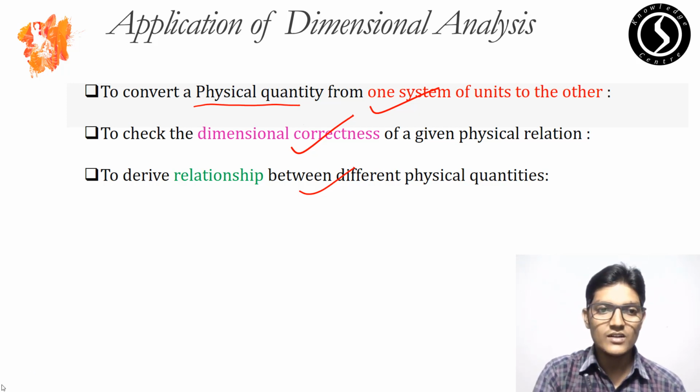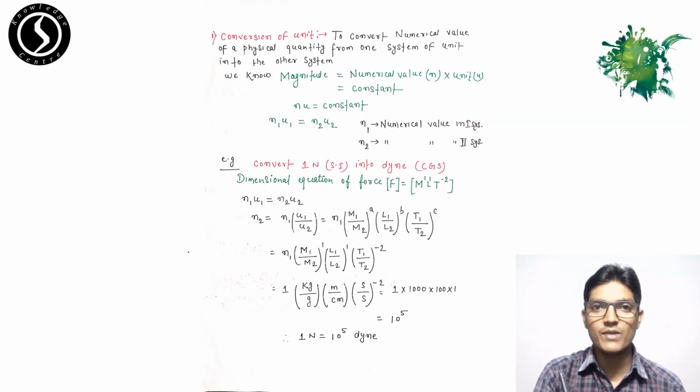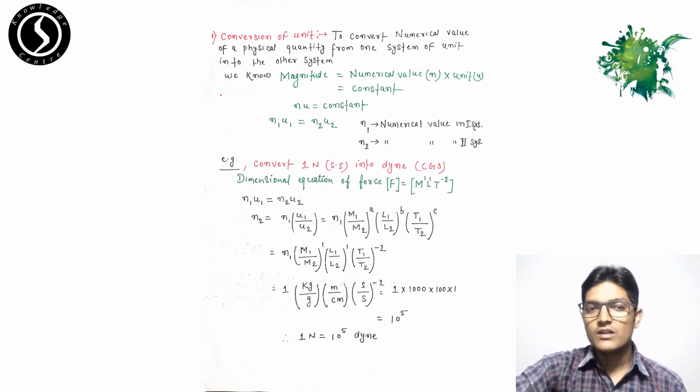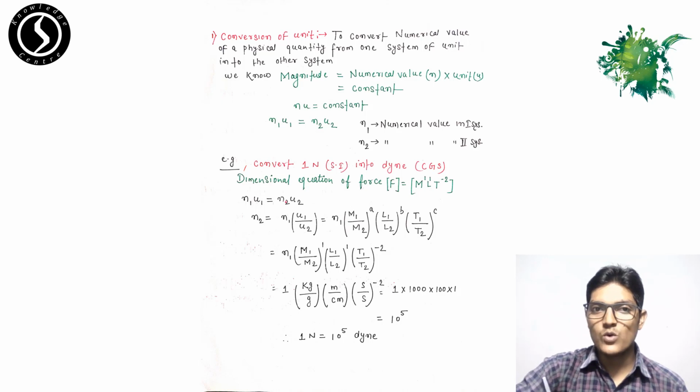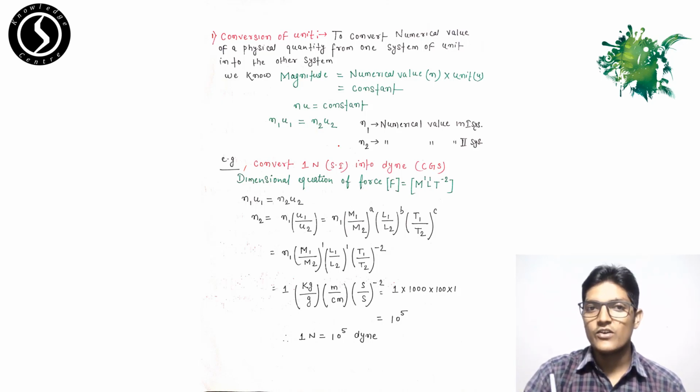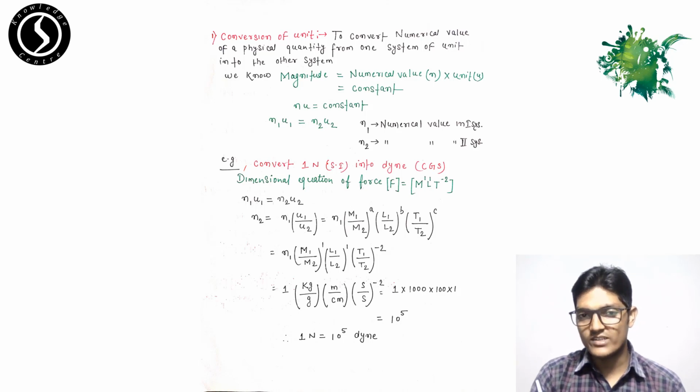First of all, we will discuss the first topic, which is the conversion of units. If you remember, yesterday we discussed the formula n1 u1 = n2 u2, and I said that we will discuss it in today's class.